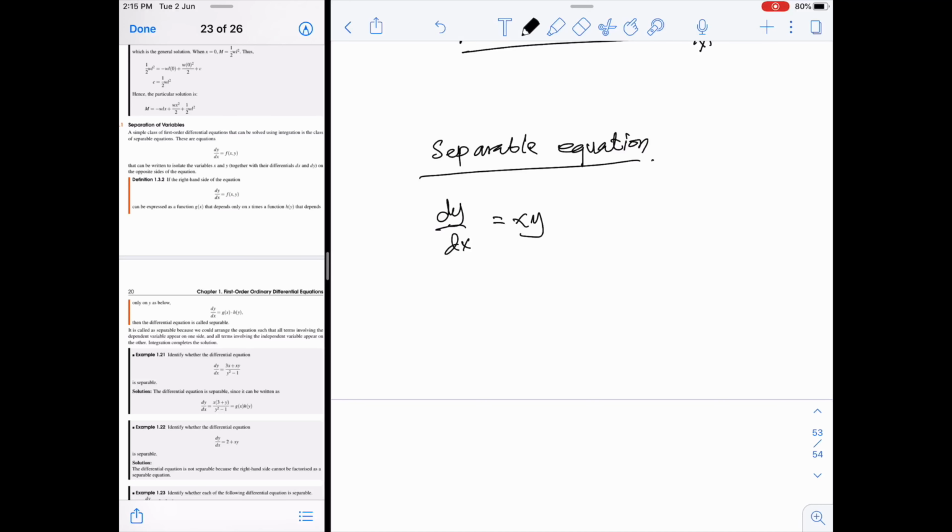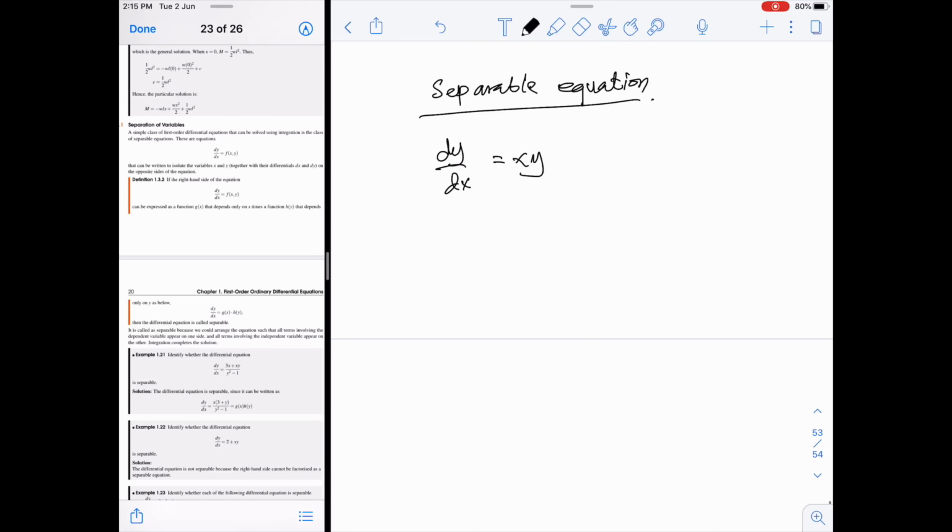So the definition of a separable equation is, if you have a differential equation, the right hand side can be separated into two functions. For example, one function of x and another function of y, which you put separately.